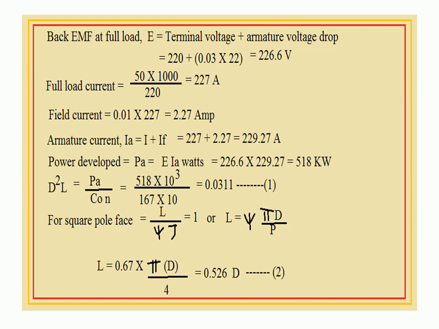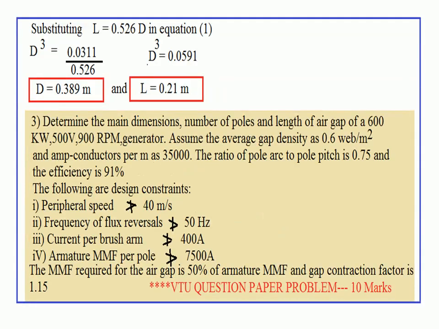Then again the old story, square pole: L equal to xi into pi D by P, we get 0.426 D, call it equation 2. Substitute this value, then we are going to get L and D values are the same.